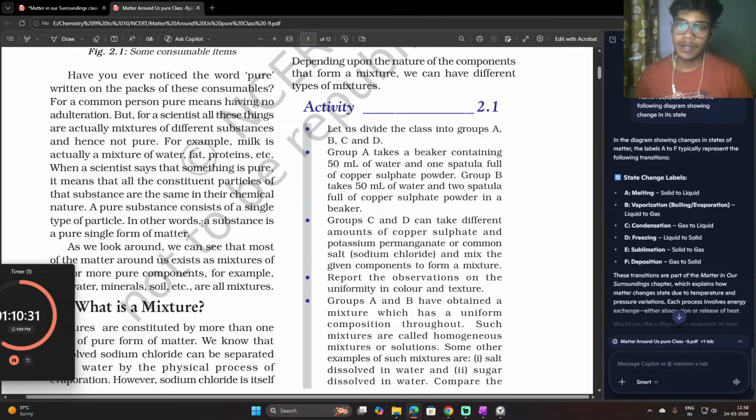A pure substance consists of a single type of particle. In other words, a substance is a pure single form of matter.